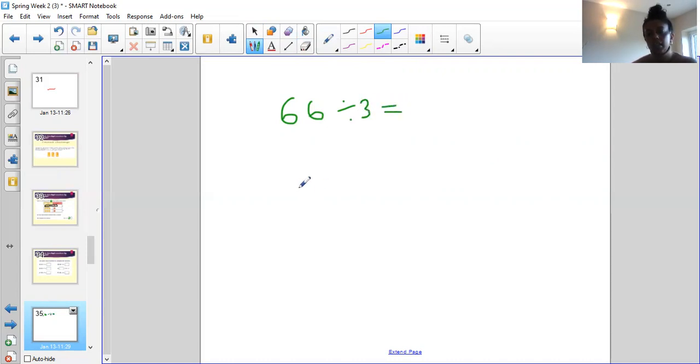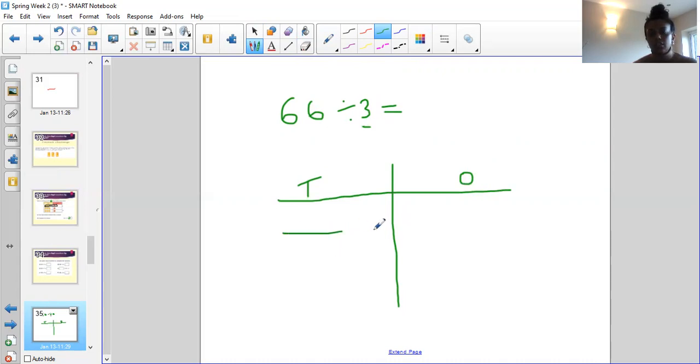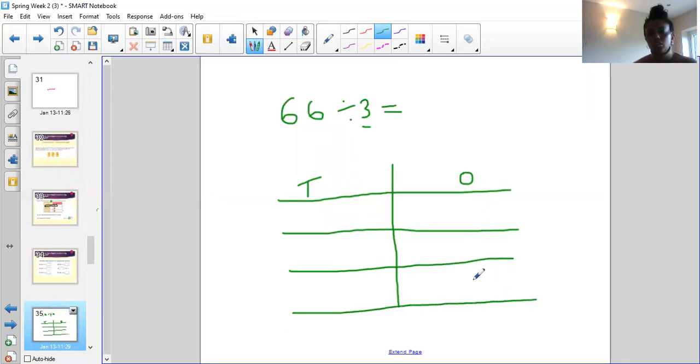So I'm going to have my tens and I'm going to have my ones column, and I'm going to put a line through the middle. But now how many rows will I need? So because I'm dividing by 3, I'm going to need 3 rows. So there's my first row, and my second row. So I've got 1, 2, 3 rows.